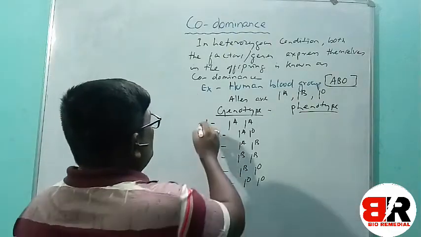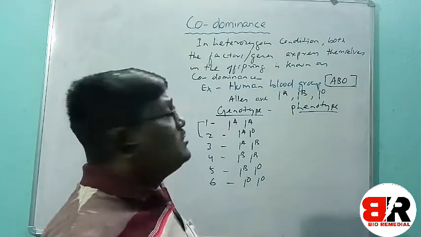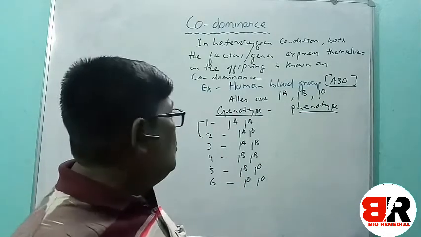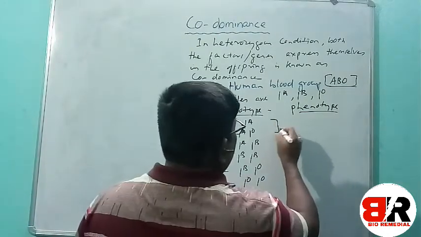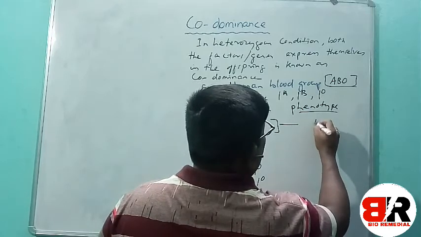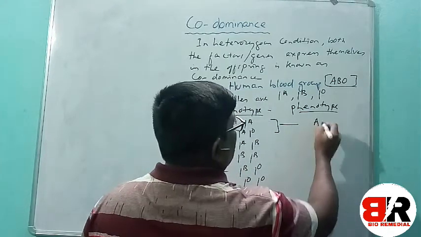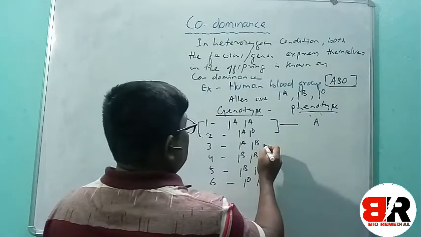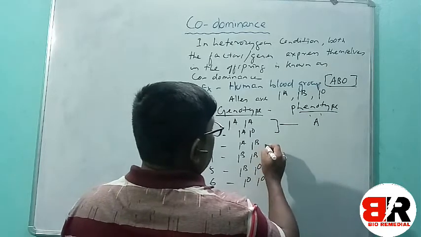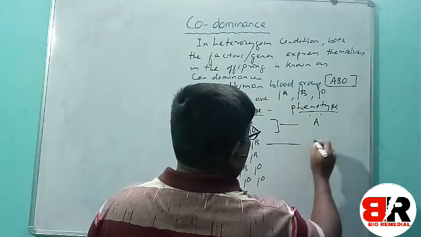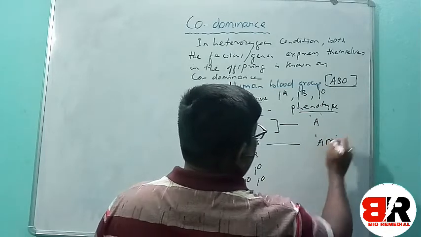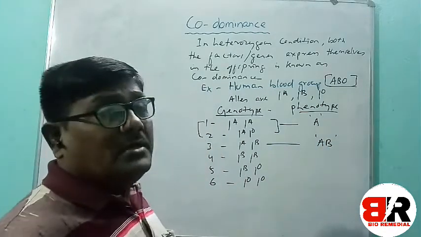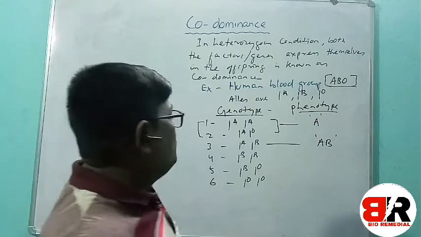Then the combination of IA-IA or IA-IO will give us blood group A. IA and IB combination of alleles will give us blood group AB.